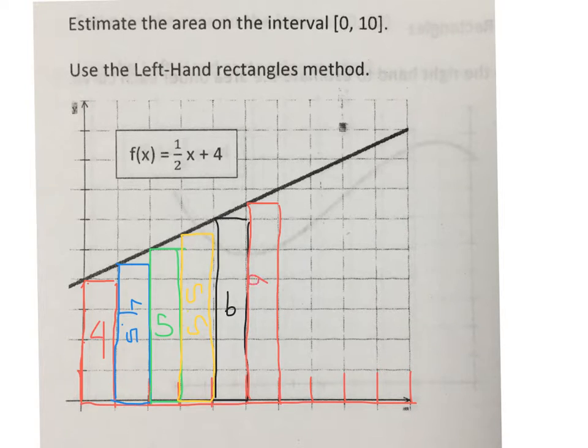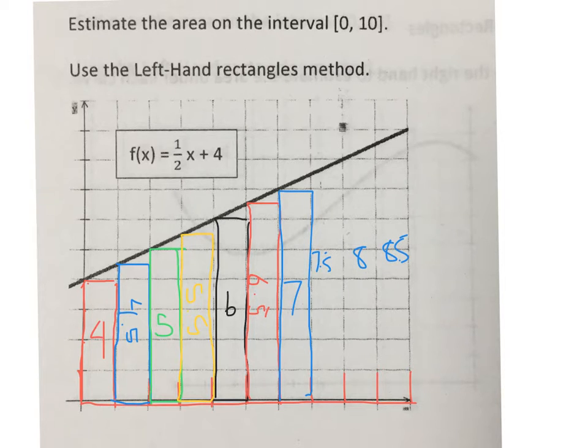So if we use this method for this type of graph, we're going to have an underestimation of the actual area. But it's just estimating, so it's okay. It doesn't have to be perfect. All you perfectionists out there are not going to like this one very much.